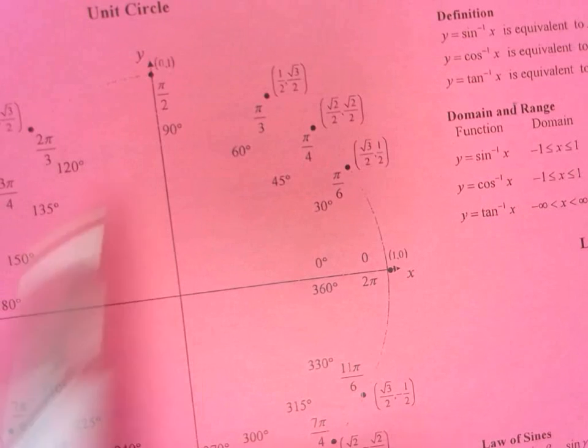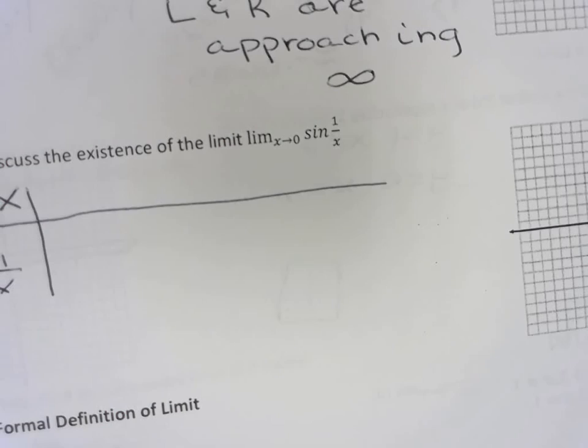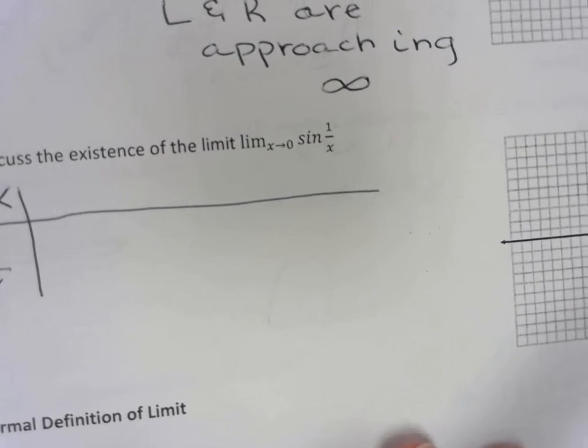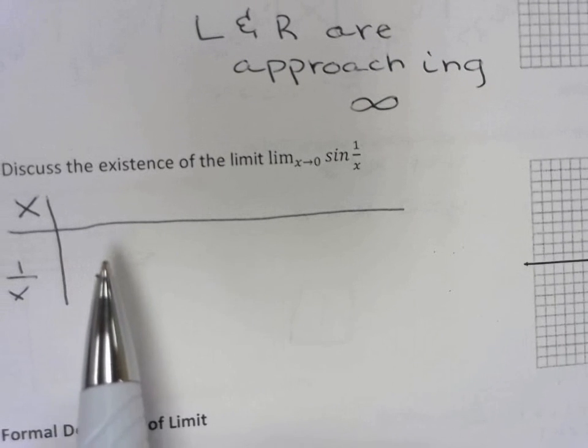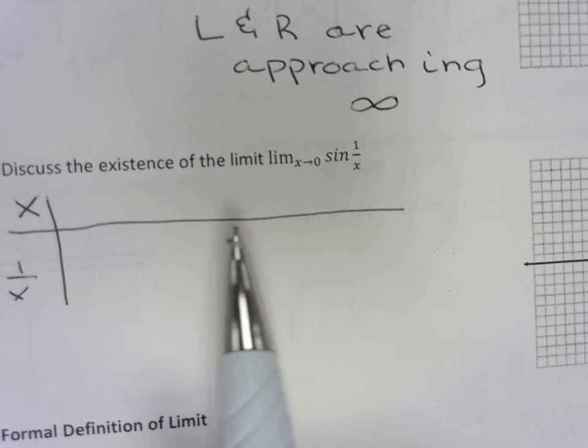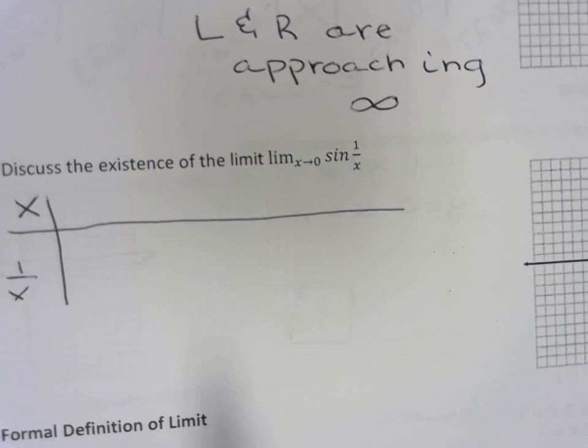I can do 3 pi over 2. Let's try those easy ones. Now I want to know as I'm approaching 0, so I want my x values to be getting closer and closer to 0. Okay?